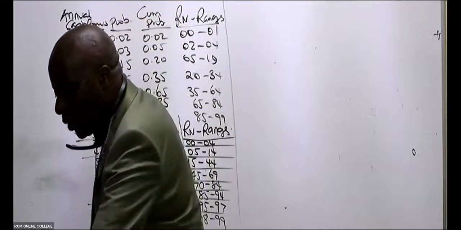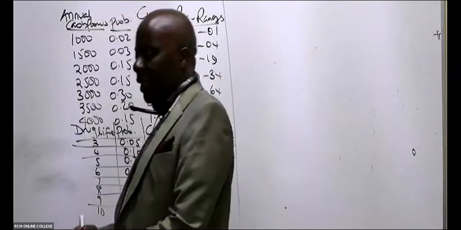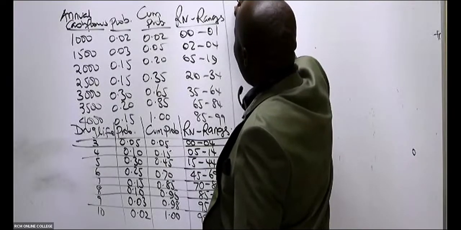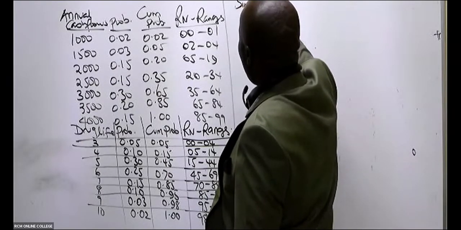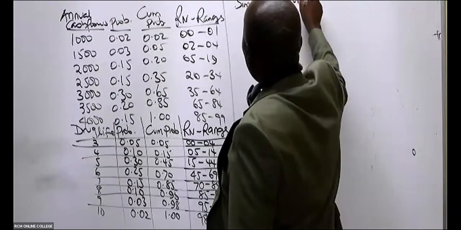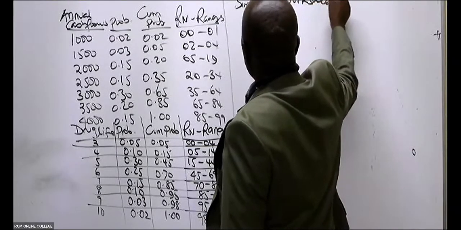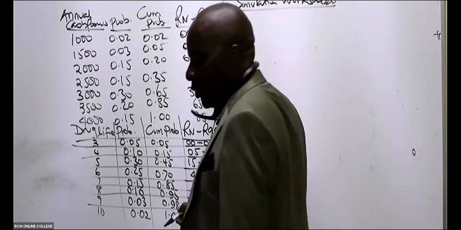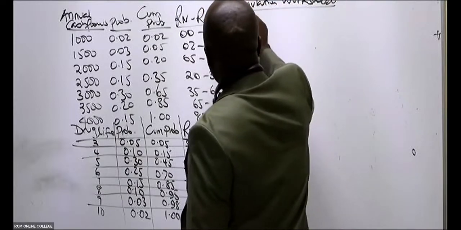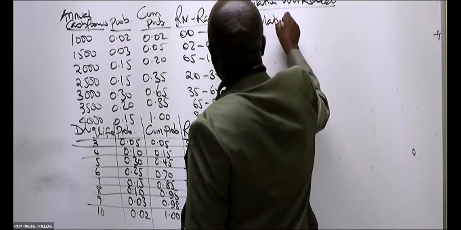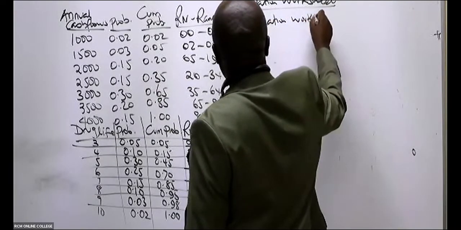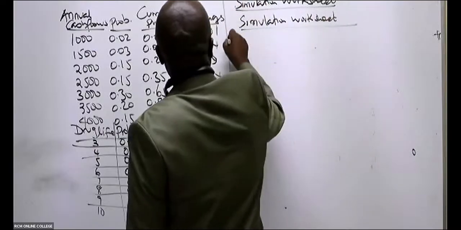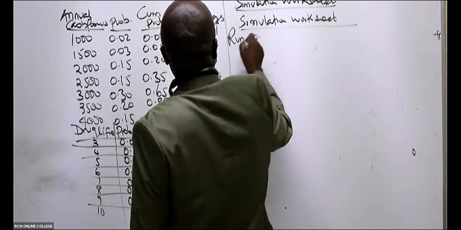Now from there, you'll be able to go and prepare the last thing, which is known as a simulation worksheet. Let me write it down here. So with this simulation worksheet, you shall start here with run number.